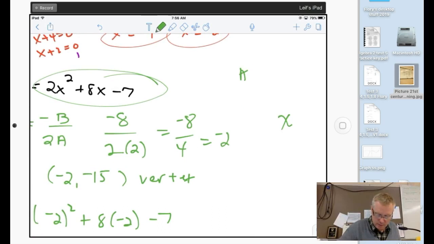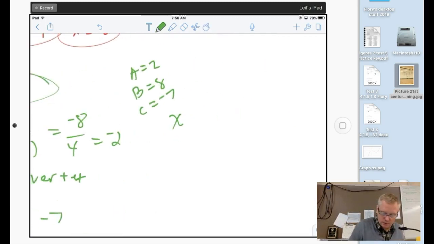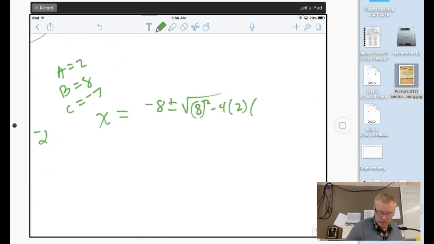So A is 2, B is 8, C is -7. And I can plug this into x equals -b plus or minus the square root of b squared minus 4 times a times c, all over 2 times a.